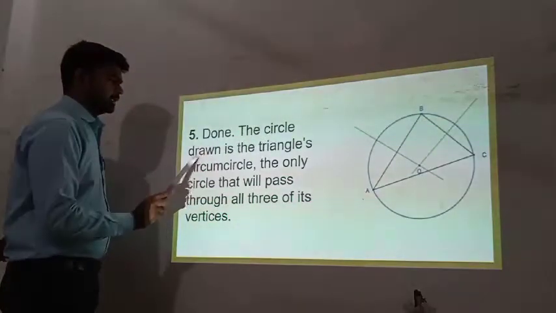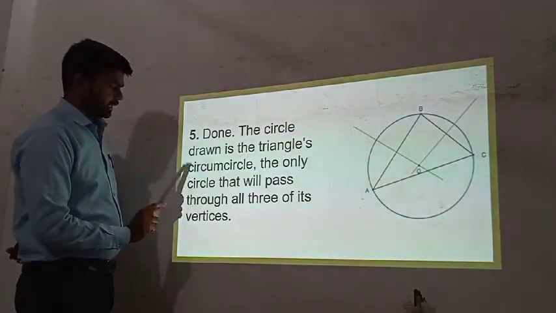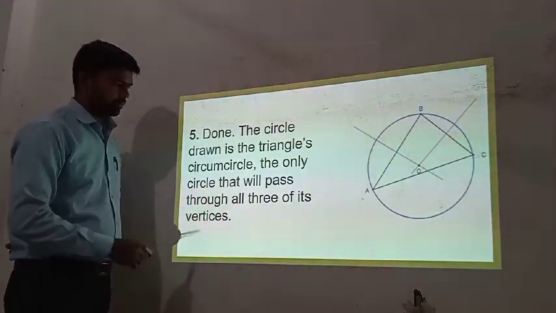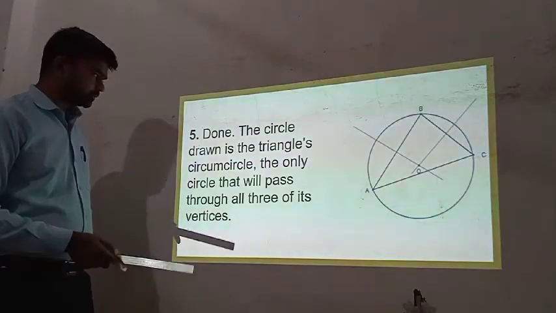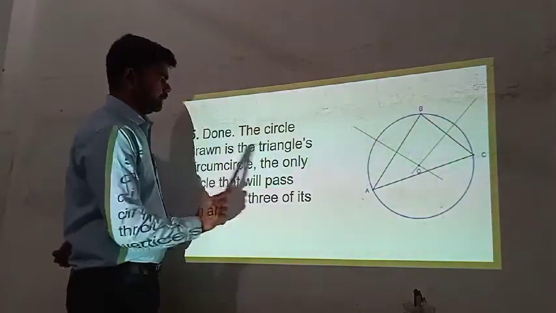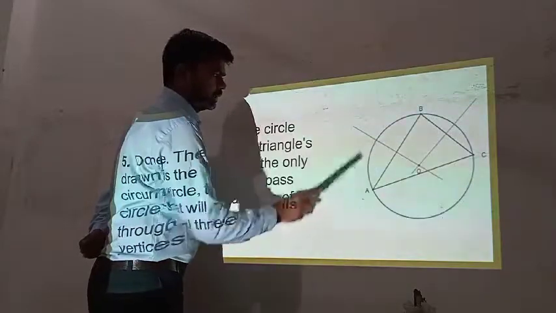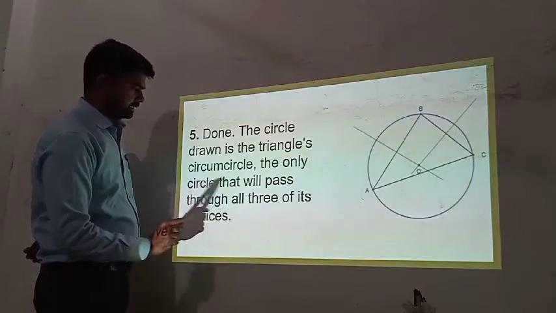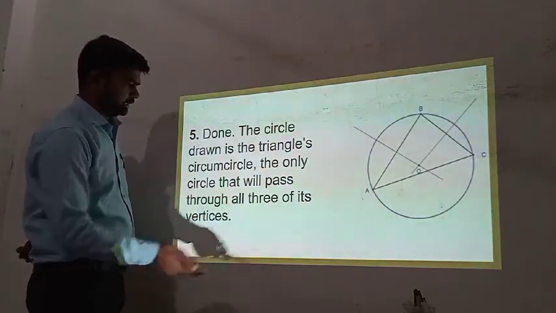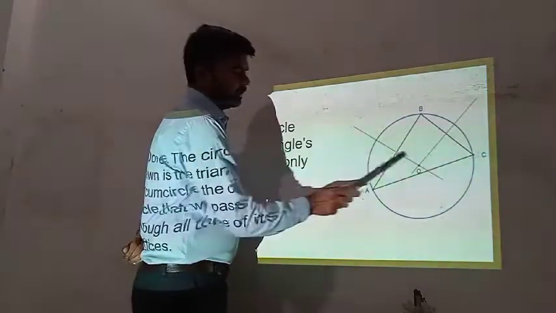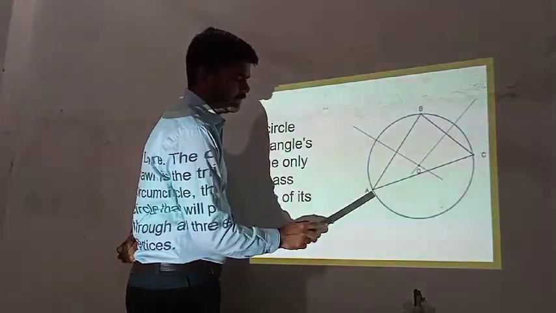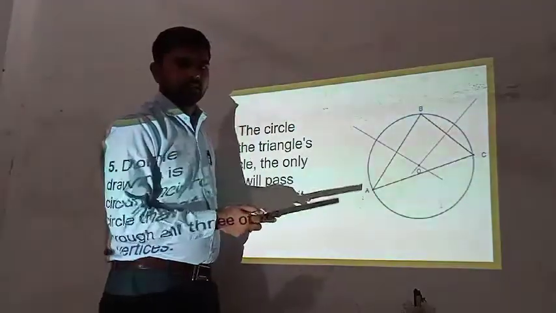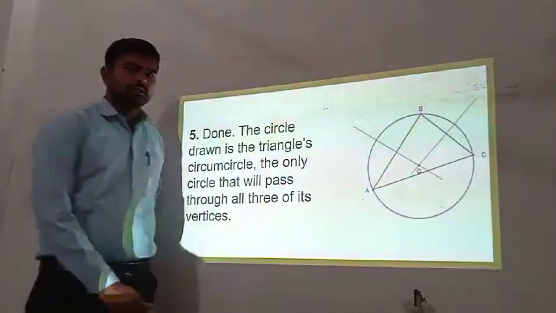It means that the circle drawn is the triangle's circumcircle, the only circle that will pass through all three of its vertices. It means that when we draw a circle, it will pass through all the vertices of the triangle. That is known as the circumcircle of a triangle.